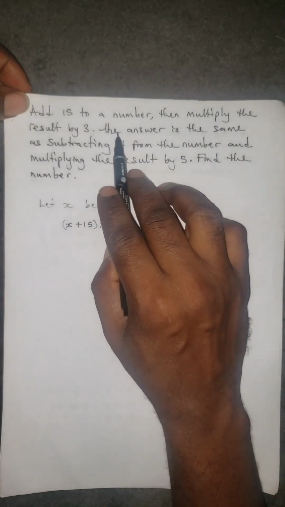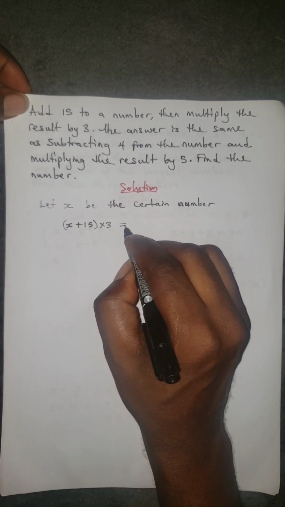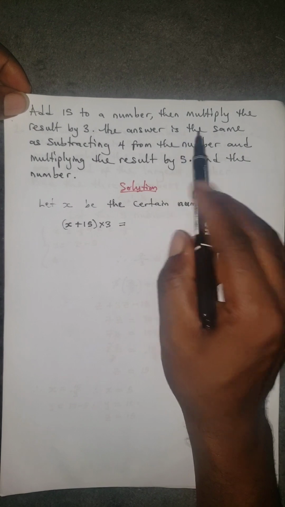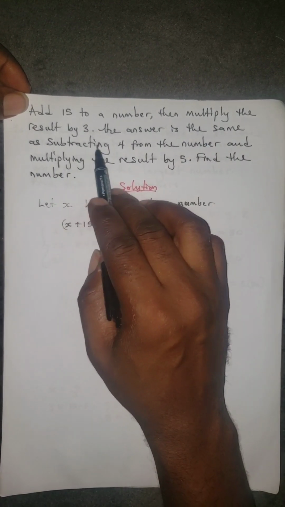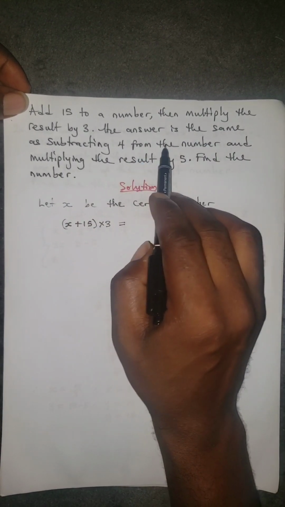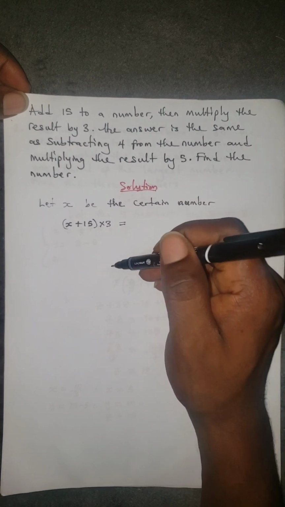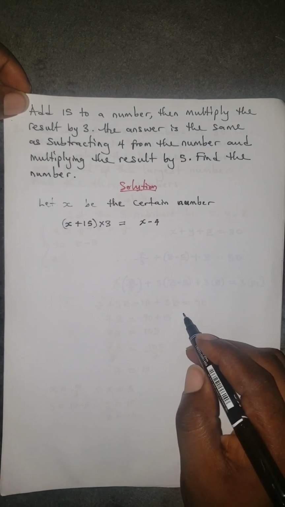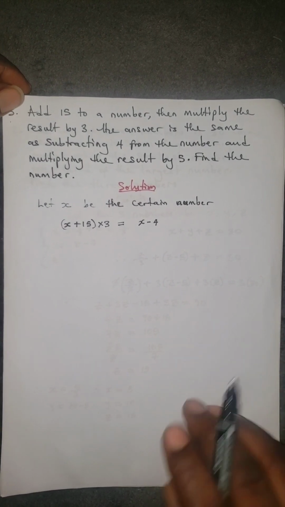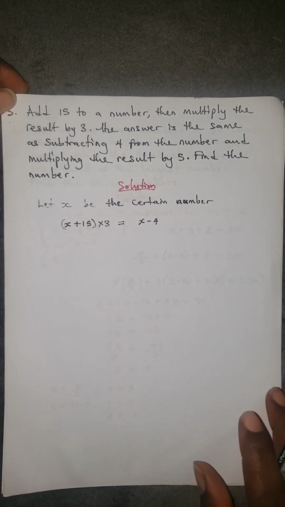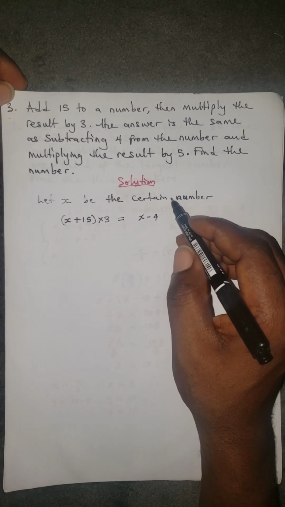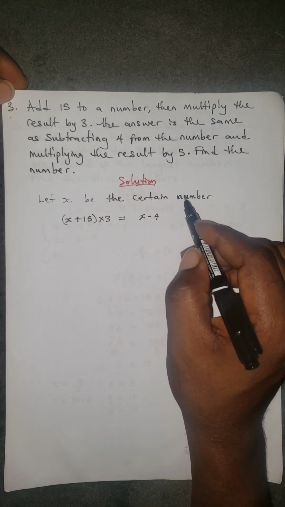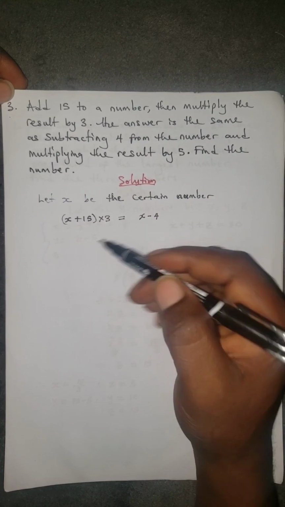Okay, now they say that the answer is equal. Okay, that's what it means. The answer is the same as subtracting 4 from the number. To subtract 4 from the number means x minus 4. You are removing from the number.